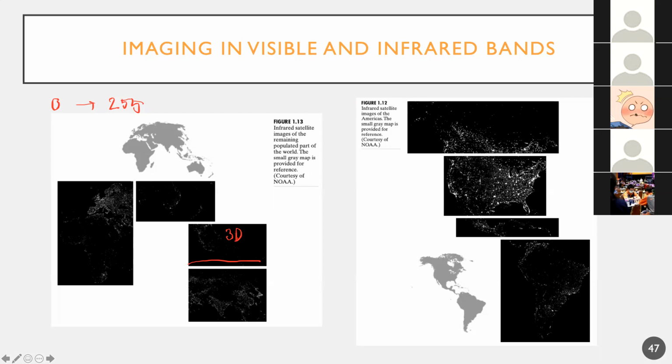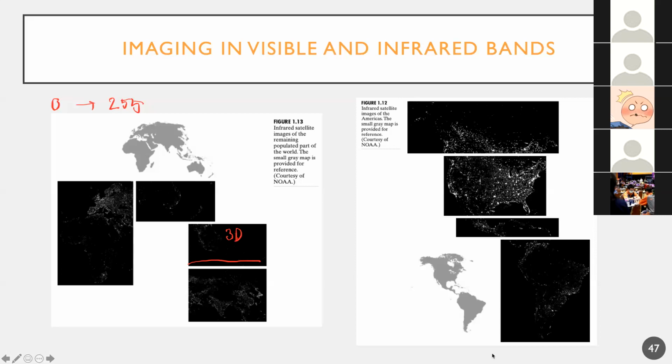For example, this is the infrared satellite, and you will see some areas that have a high value or response, meaning that there are towns or cities, and you can estimate the electricity they use. So that's some application that they could be used for in the future.